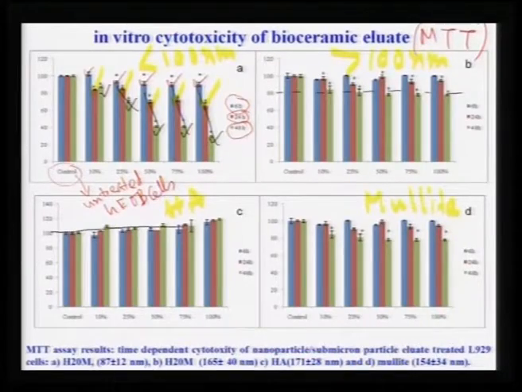In the case of the hydroxyapatite, you do not see any toxicity at all, because your MTT values are at 100% or a little bit above 100%. In the case of mullite, again your MTT values are decreasing, and this decrease is also more or less independent of the concentration at 6 hour, 24 and 48 hours.